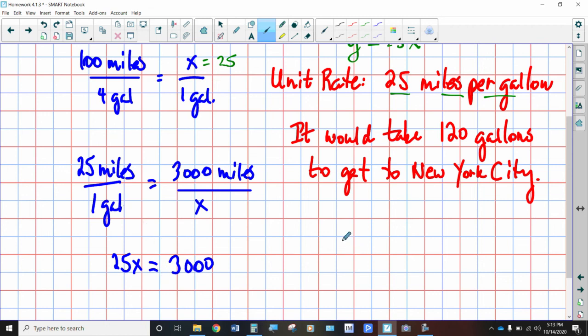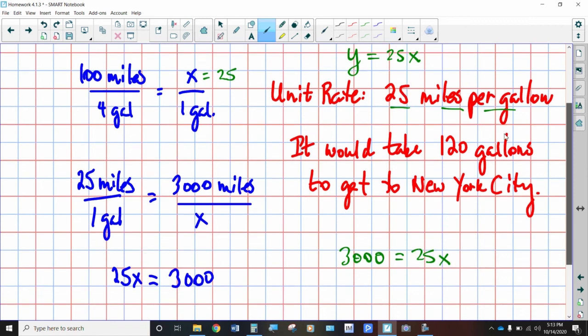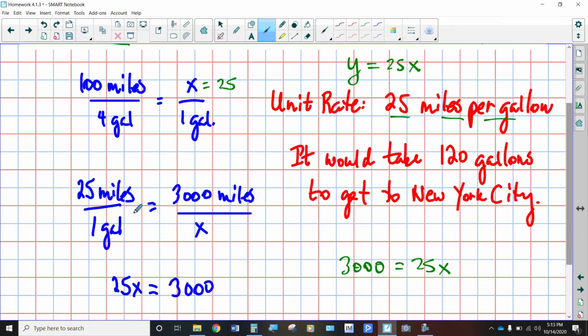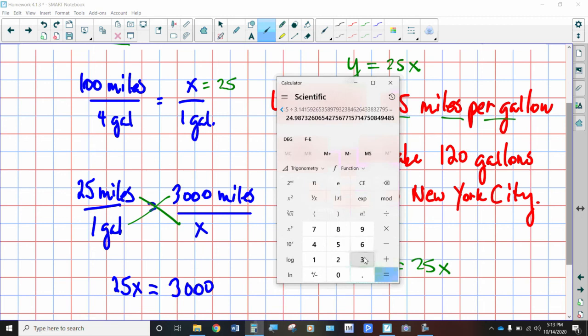Whether we say 3,000 is equal to 25x because we plugged in the 3,000 where the y was, or we do the cross multiplying, we get the exact same equation. It works out exactly the same. So 3,000 divided by 25 ends up being 120. Let me prove it to you. 3,000 divided by 25 gives you 120.